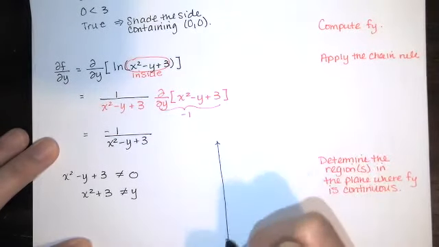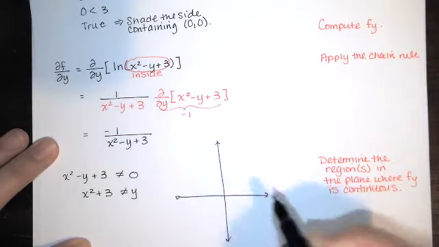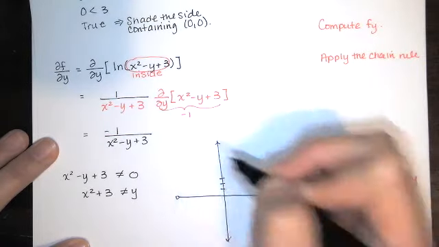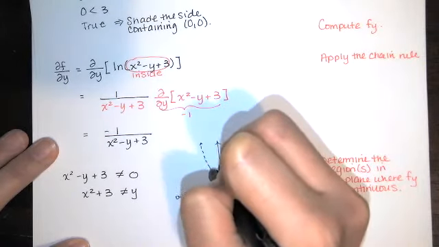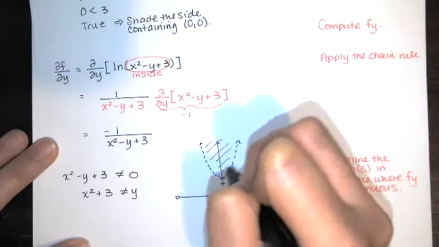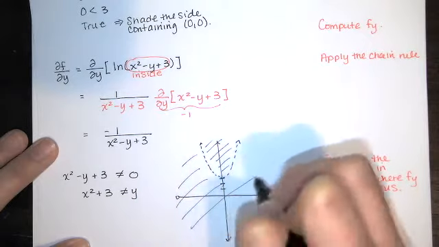And the partial of f with respect to y is continuous everywhere except on this parabola. If I were to sketch it, we can't include the parabola, but we can include everything else.